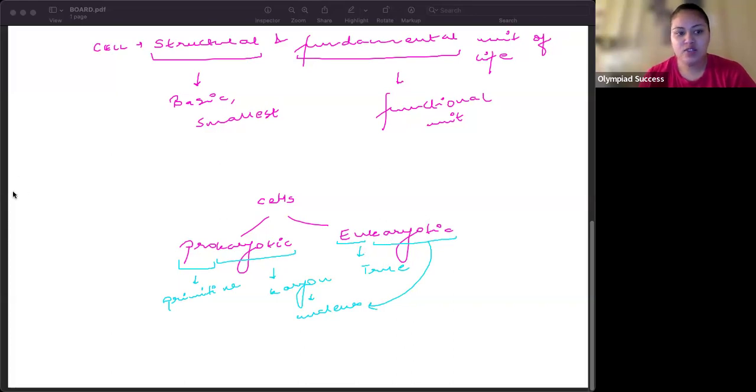All right. So prokaryotic organisms are always unicellular. They have no nuclear membrane. That is why a primitive nucleus. And they have no membrane bound organelles.